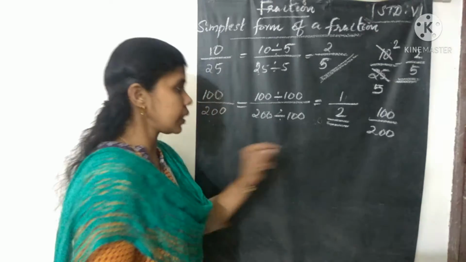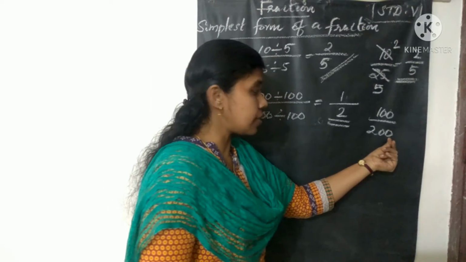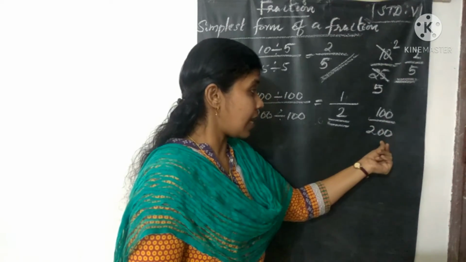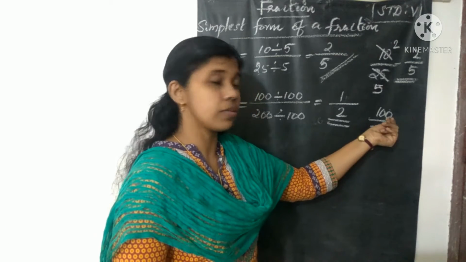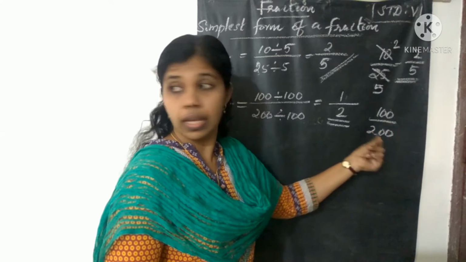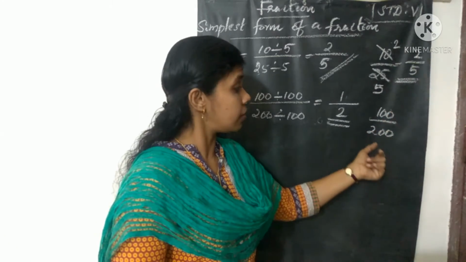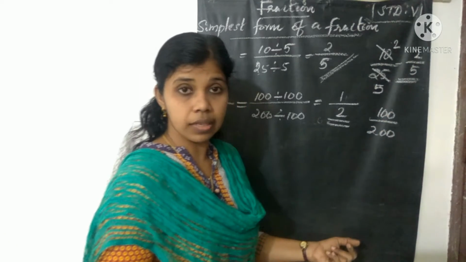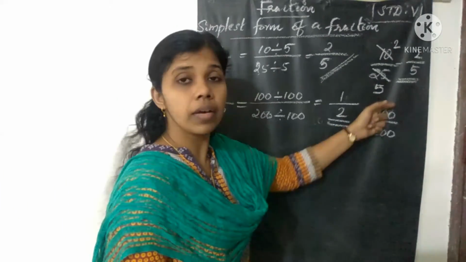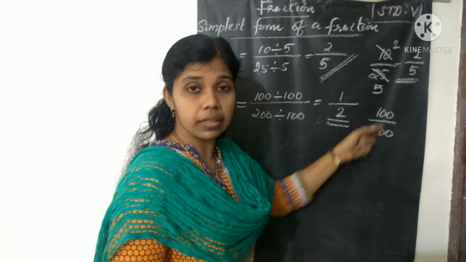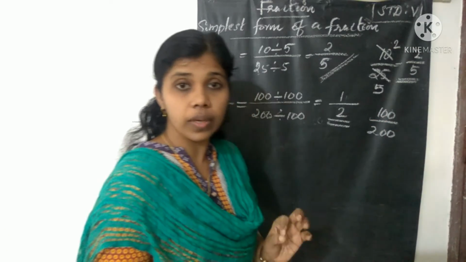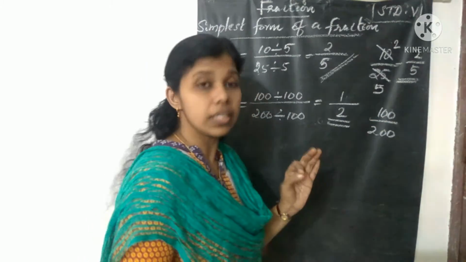And in this question, 100 divided by 200. Here the last digit of the number is what? 0. Here also 0. Here numerator 100, denominator contains what? One number is 200.